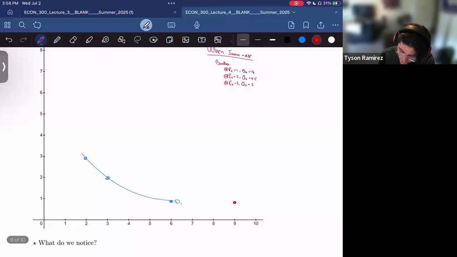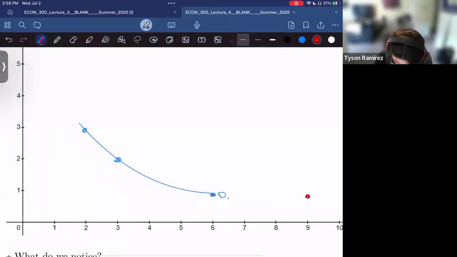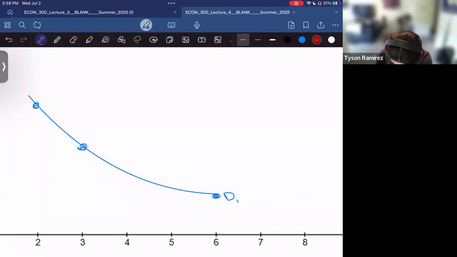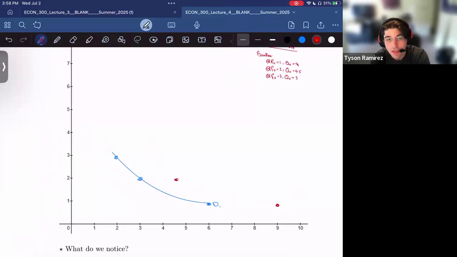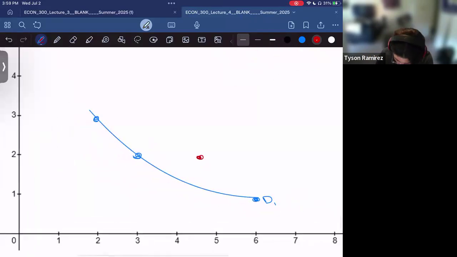When price is equal to 2 and we have $18 to spend, the quantity demanded of X is 4.5. And then finally, when income is $18 and the price of good X is equal to 3, the quantity demanded is 3.